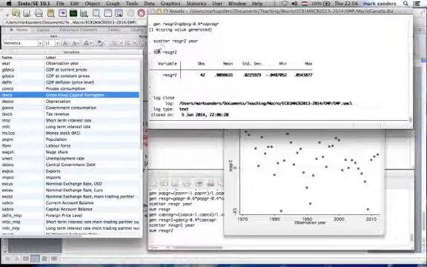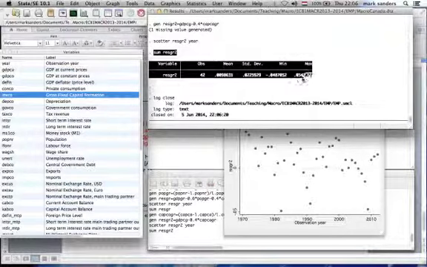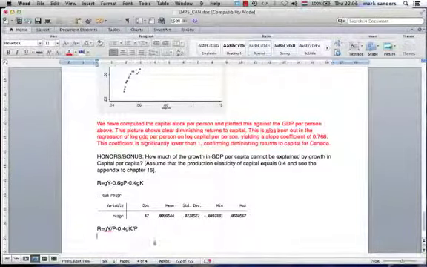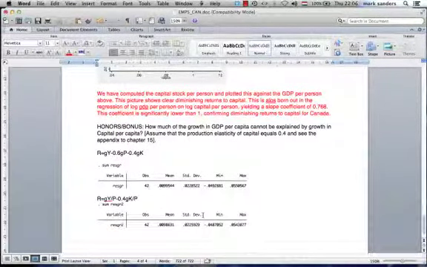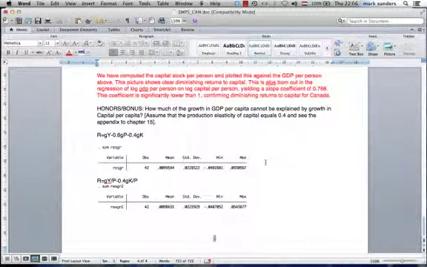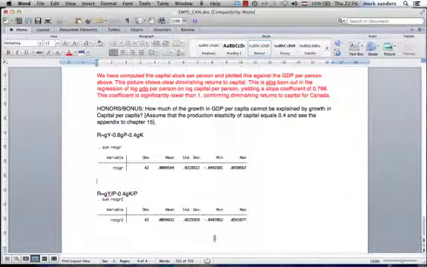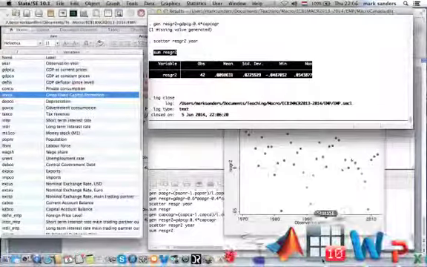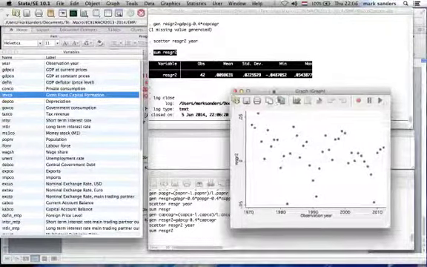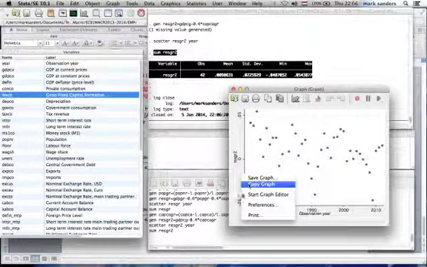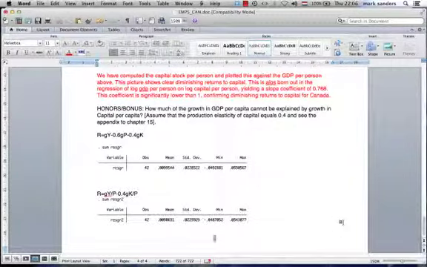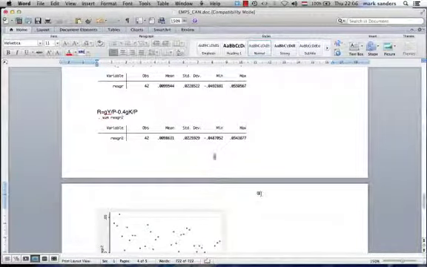Okay, so here we have this table. Let's see what the differences are. And this picture.